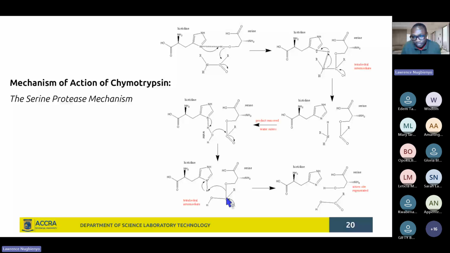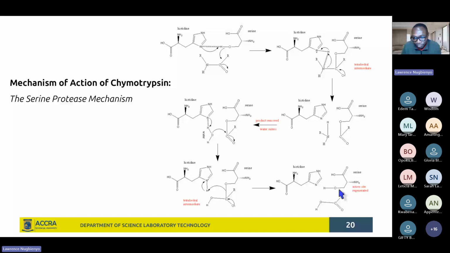In the end, what you see is that the hydrogen from the water which was accepted by histidine goes back onto the serine molecule. It's like the serine molecule has gotten back the hydrogen that it lost, from water.